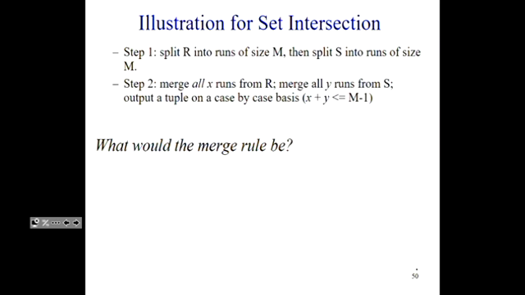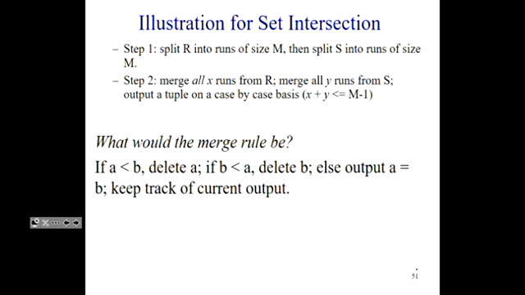But otherwise, your approach, which is to keep one copy of every tuple that is common between any run of R and any run of S, output that, and keep going, is, at a high level, the right strategy.